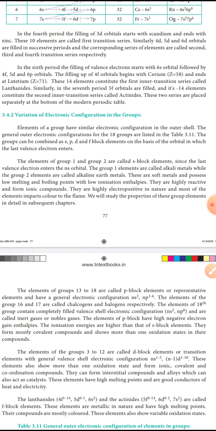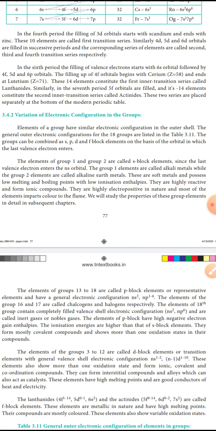Next, let us learn the variation of electronic configuration in groups. Elements of a group have similar electronic configuration in the outer shell. The general outer electronic configuration for the 18 groups is listed.